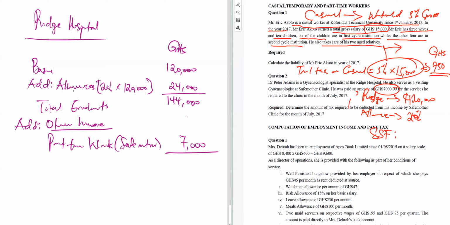Do you get it? So now what becomes his total accessible income? 151,000. Please, do you guys get it now?